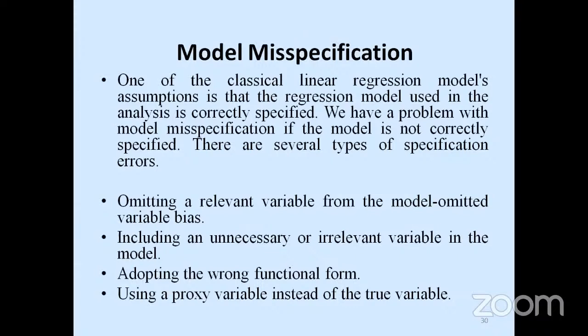That has to be done the way it has to be. And using proxy variables instead of true variables. Proxy variables generally help in some cases, but in many cases a proxy variable won't give the true picture when we do the model specifications.